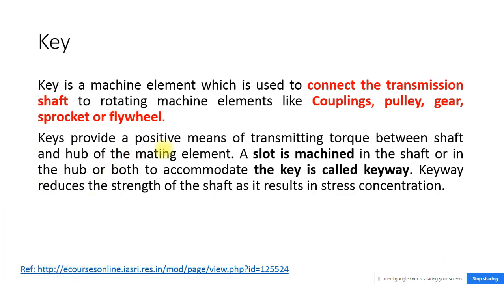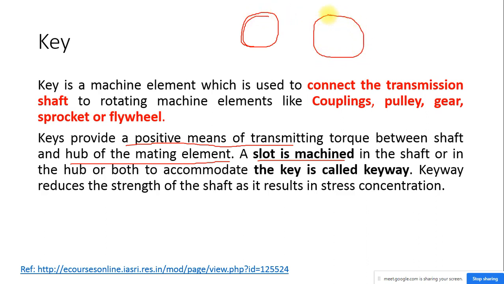Keys provide a positive means of transmitting torque between the shaft and the hub of the mating element. So how is it done? How do they fix it? A slot is machined in the shaft or in the hub. Imagine this is your shaft. You have already studied this in your machine drawing subject in the third semester. In machine drawing you drew this flange coupling with the help of software.